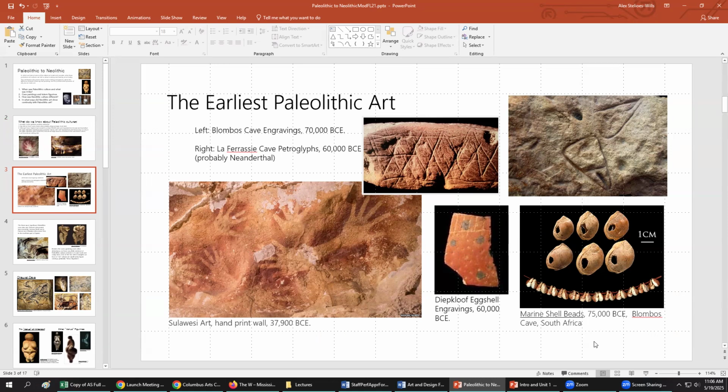And for these engravings, we're not sure which ones were by Homo sapiens and which ones were by our nearest relatives, which could include Neanderthals and Denisovans. And then we also have the very beginnings of painting on cave walls as well.